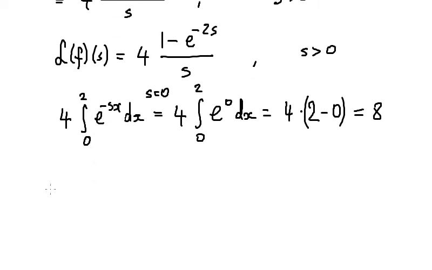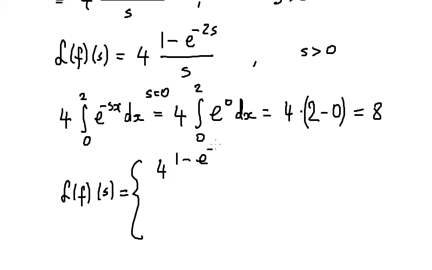We could then write that the Laplace transform of f evaluated at s is equal to, just like we had a definition for the function f, 4 times 1 minus e to the power minus 2s over s when s is not equal to 0, and is equal to 8 when s is equal to 0.